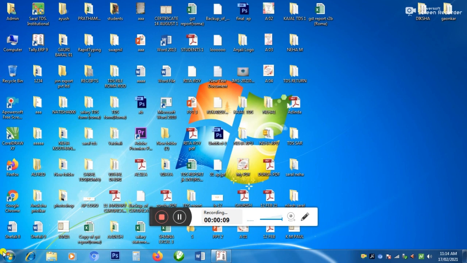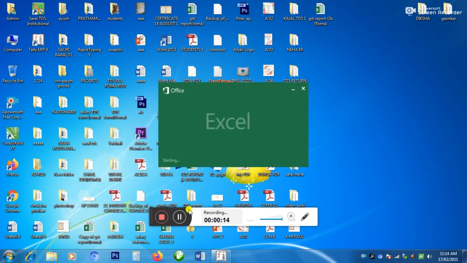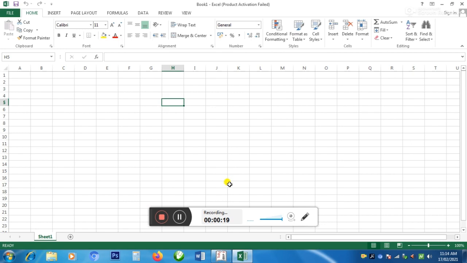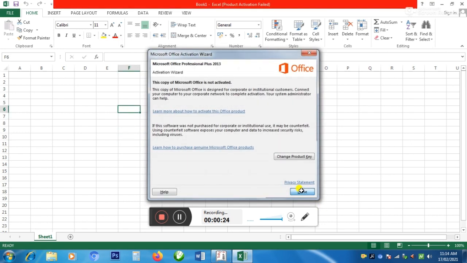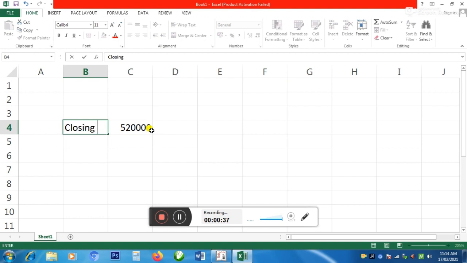Now assume that at the end of this current financial year it is showing 5,20,000 as closing stock, as on 31st of March 2021.